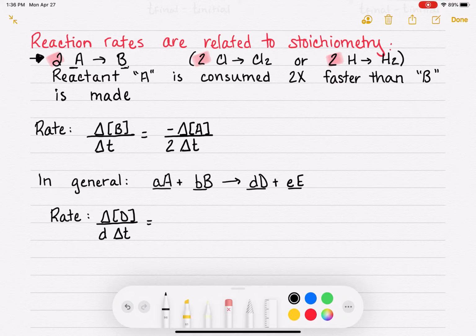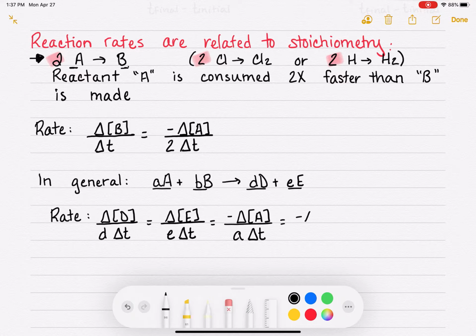And that's going to be equal to our other product, the change in concentration of E over the stoichiometric coefficient and the change in time. And for our reactants, we want to bring in that negative sign. So negative change in concentration of reactant A over stoichiometric coefficient and the change in time.